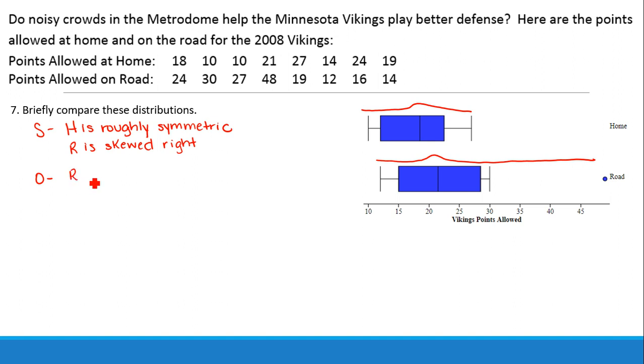Road has an outlier. The median is higher for road. And the spread, which in this case is IQR, is higher for road.